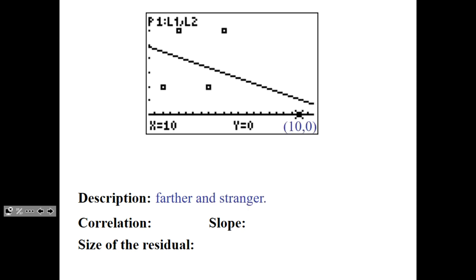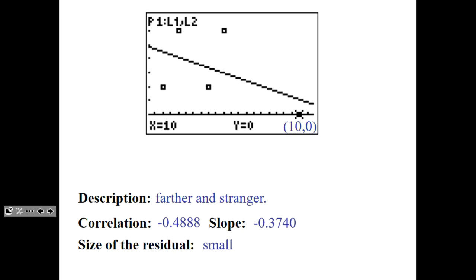Try it again. 10.0. In fact, just looking at the scatter plot, we should already have some answers. Right? Our correlation we came into, negative 0.4888. Slope, negative 0.3740. Look at our residual, small, maybe medium, small. Yeah.